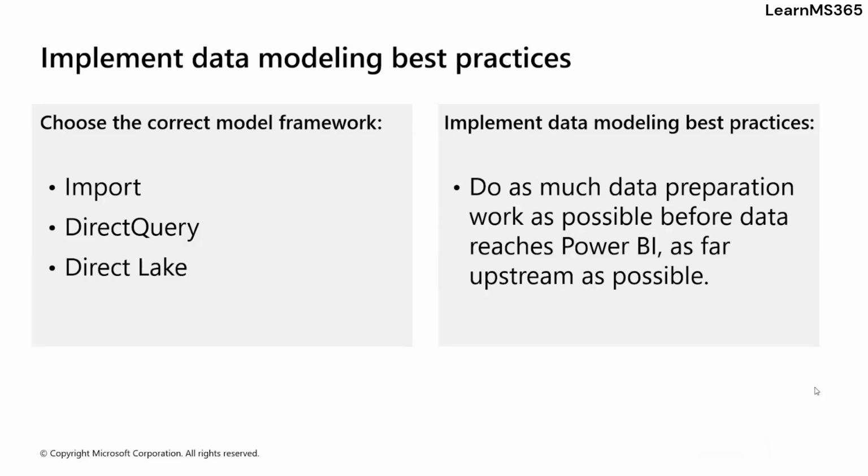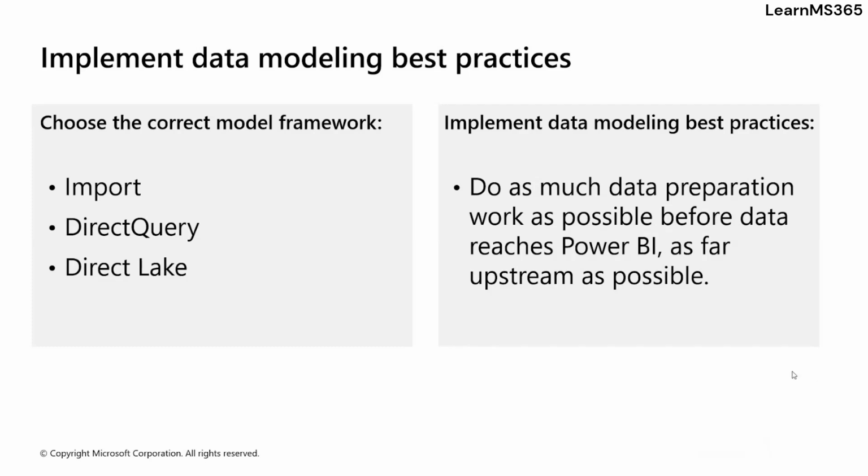You can also consider partitioning and incremental refresh to avoid loading data you don't need to. You should also check to ensure that query folding is achieved, because if query folding is not possible, you have another opportunity to work with the data engineer to move transformation upstream.